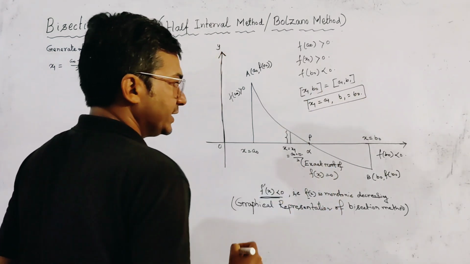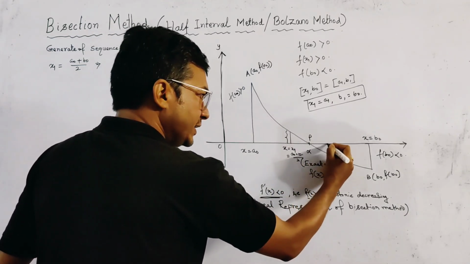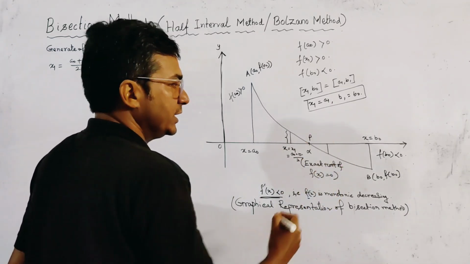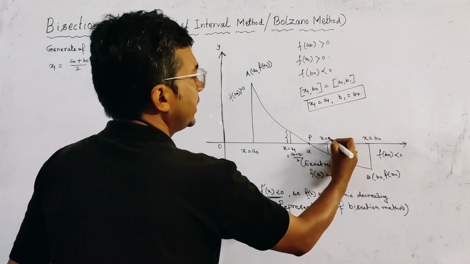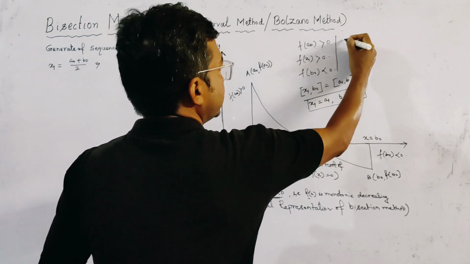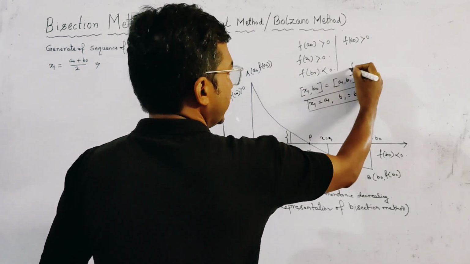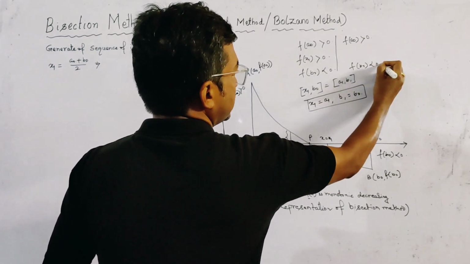Now if the point x1 lies at this other position, then f(a0) is greater than 0, f(b0) is less than 0, and f(x1) is also less than 0.